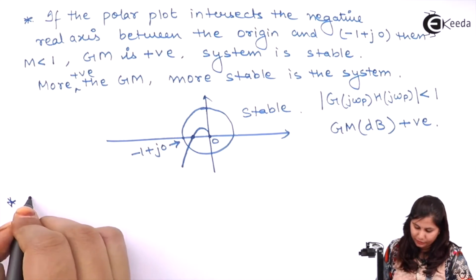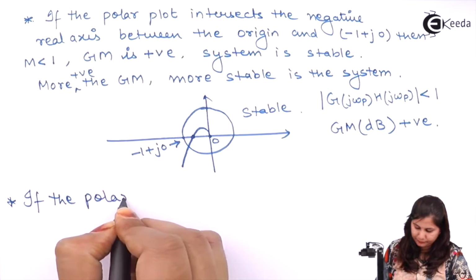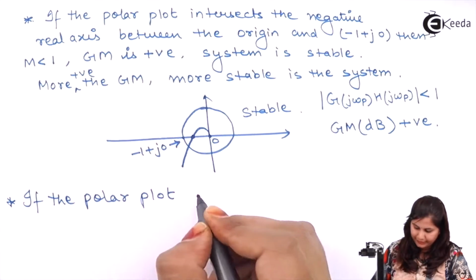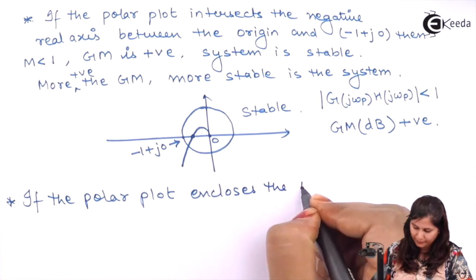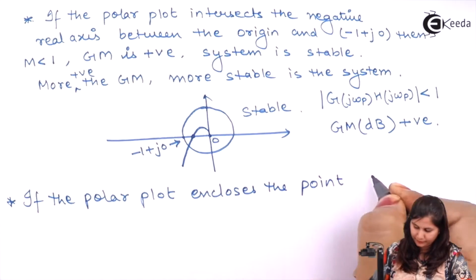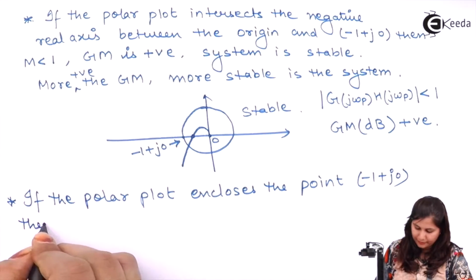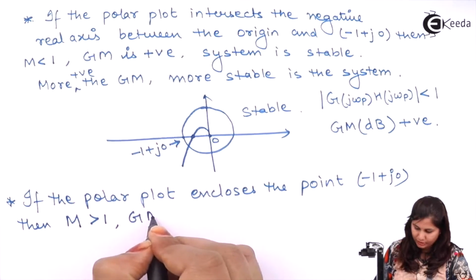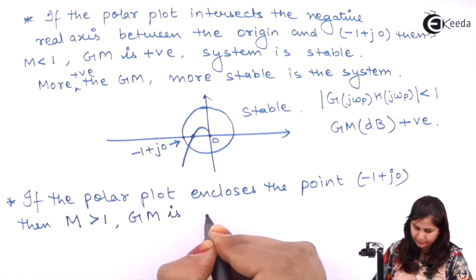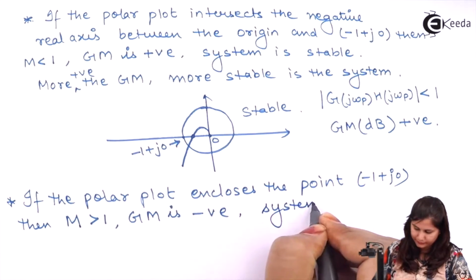Next, if the polar plot encloses the point -1 + j0, then magnitude is greater than 1, gain margin is negative, and the system is unstable.